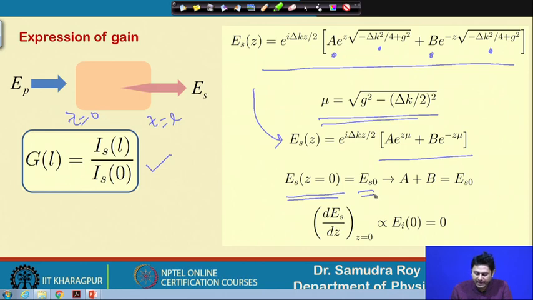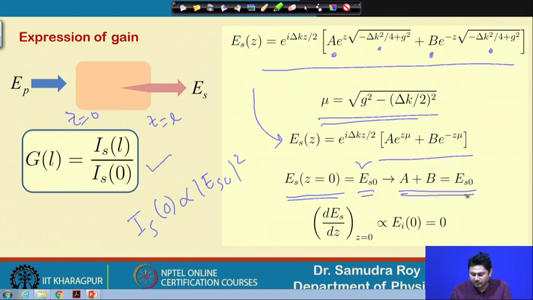So, this value I consider Es(0). Is(0) is directly proportional to mod of Es(0). So, this value is our input. When I put z equal to 0, I can readily see that this leads to one relation: A plus B equals Es(0).